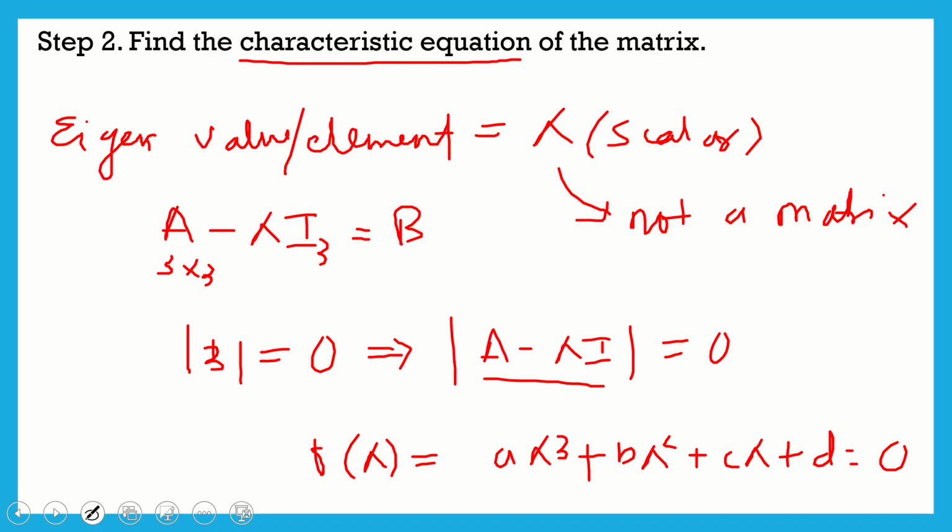You will get one equation in terms of lambda, because we are actually finding the values of lambda here, but after that you have to do nothing. Next step I will explain to you, but let us now try to find the value.